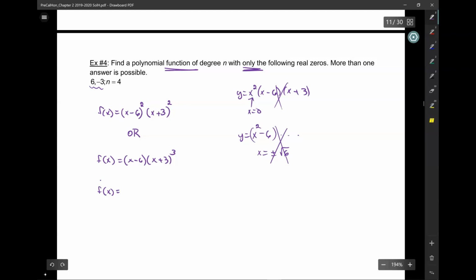Another possibility, if you want to embellish and make it look pretty, you can put a negative 2 out front. The constants don't matter. Right? The constants make no difference. All right? Either one of these is the answer.